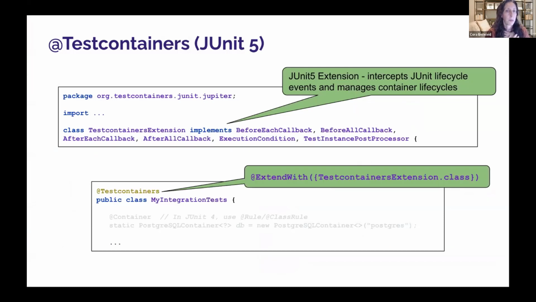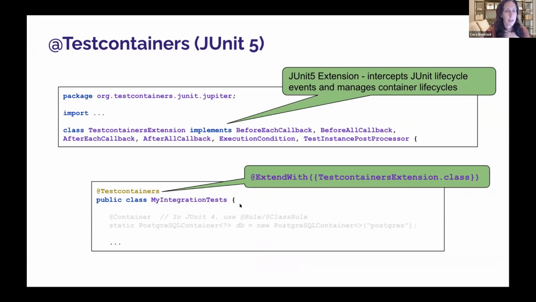The integration with JUnit 4 was a little bit more tightly coupled, and then for JUnit 5, there was a bit of a rewrite of that integration. With JUnit 4, you just use @Rule or @ClassRule to annotate your test class. But with JUnit 5, there is this JUnit 5 extension that intercepts the JUnit lifecycle events to manage the container lifecycle.